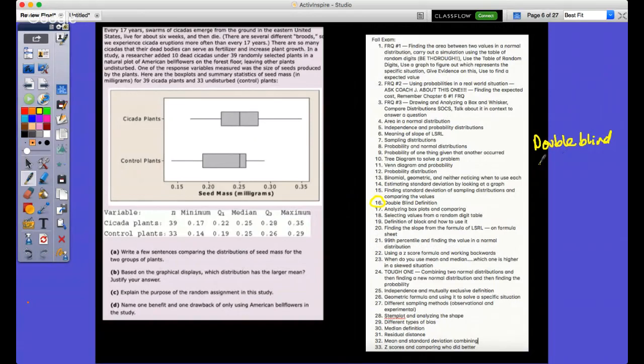Double blind means the person administering the test is blind as well as the subject. Okay, I just wanted to put that down there just so you could see it. So if I'm administering the test, I don't know what they are getting, whether someone's getting a placebo or not.